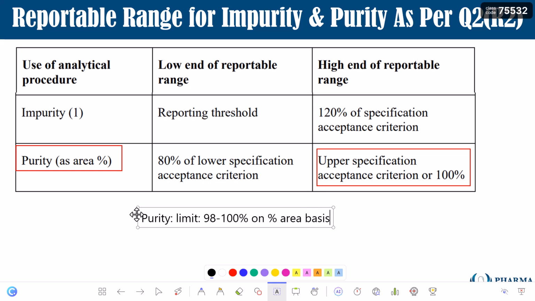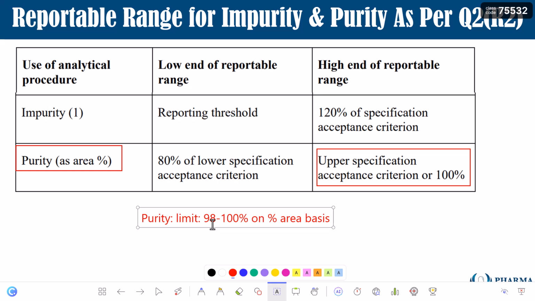So this is the specification or acceptance criteria for your substance, 98 to 100%. You can easily calculate 80 percent of 98%, and that is going to become your low end of the reportable range.